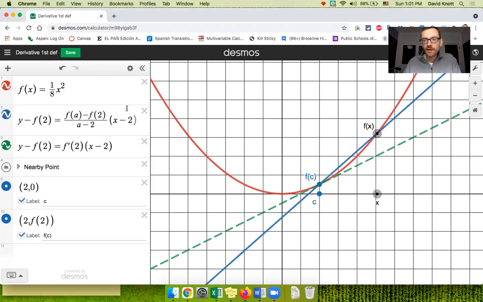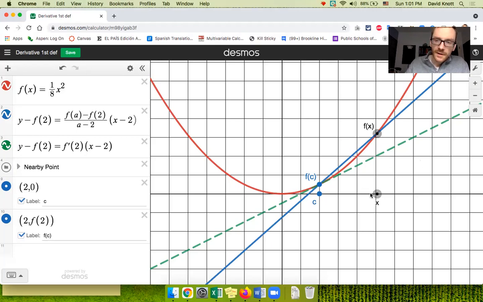And you might wonder, why would I do that? Here's the idea. Right now, that blue line is not very close to the tangent line. They're quite different. The green line has a smaller slope, as you can see.